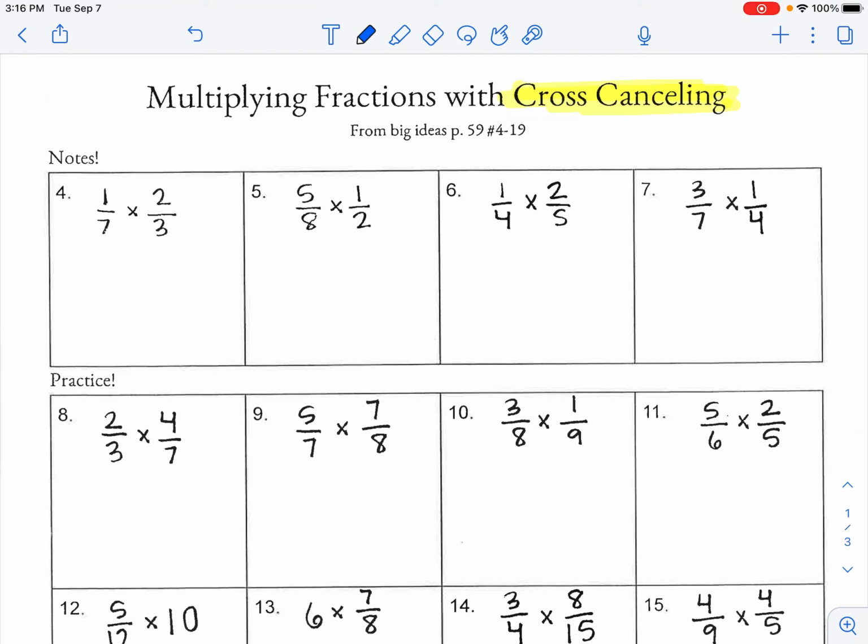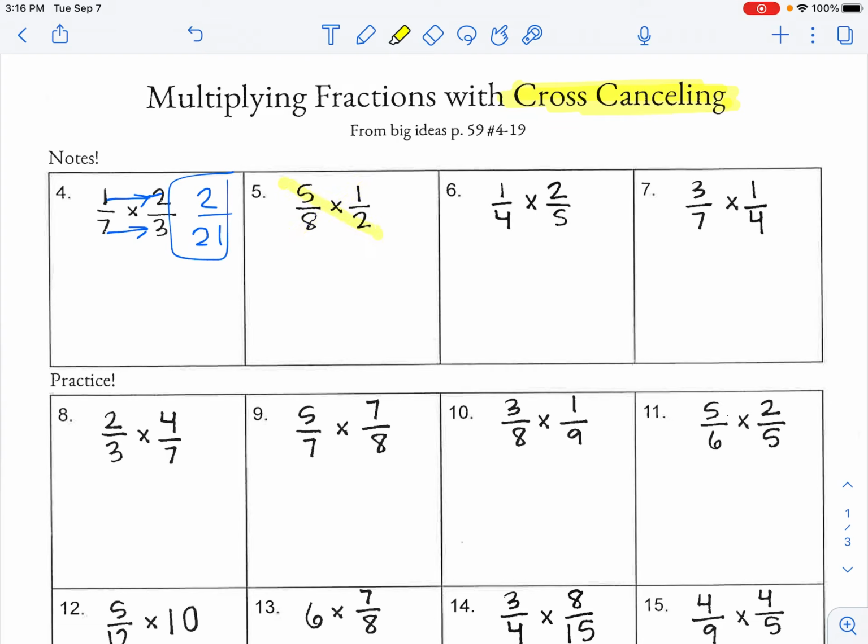If you cannot divide, then you're simply going to multiply straight across. So 1 times 2 is 2, and multiply denominators. 7 times 3 is 21. Number 5, look diagonally. Is there anything that you can divide 1 and 8 by? No. Look diagonally the other way.